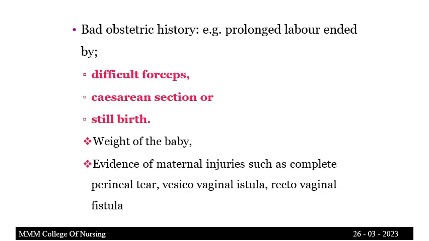And you have to ask for bad obstetrical history, like prolonged labor if the mother had a previous labor. You have to ask whether there was any prolonged labor, whether forceps were used, cesarean section or stillbirth. You have to ask for the weight of the baby, or check for maternal injuries such as perineal tear, vesicovaginal fistula and rectovaginal fistula.